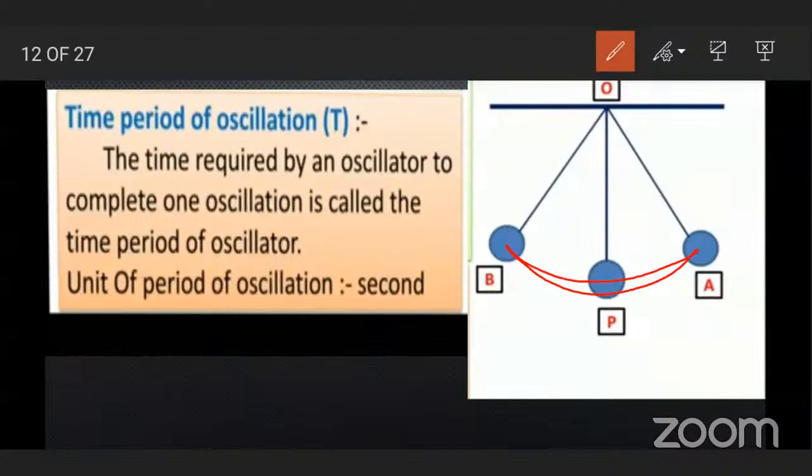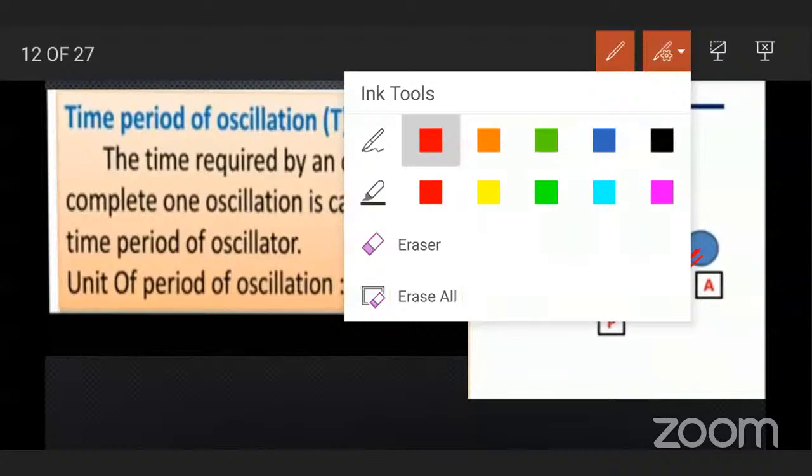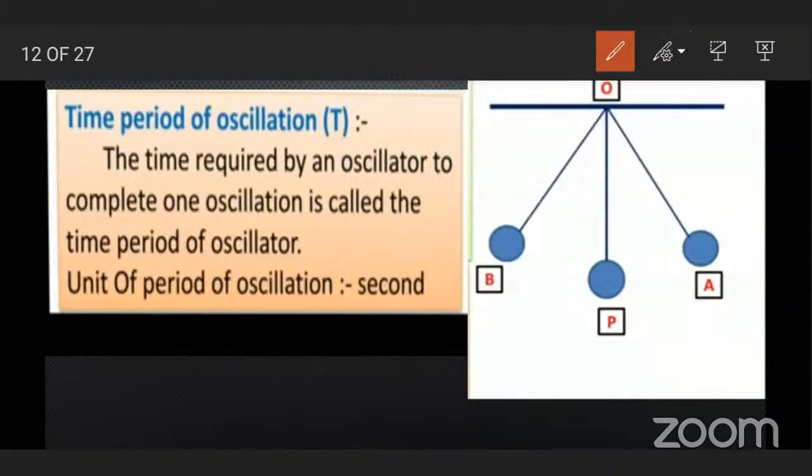If this pendulum moves from point A to point B, and again returns back to its original point, then we say this pendulum completed one oscillation. And how much time this pendulum takes to complete this one oscillation is called the time period of the oscillator.